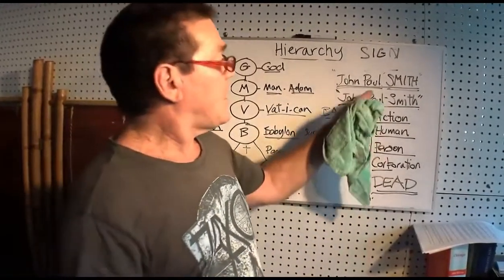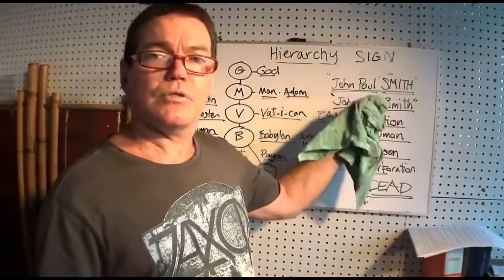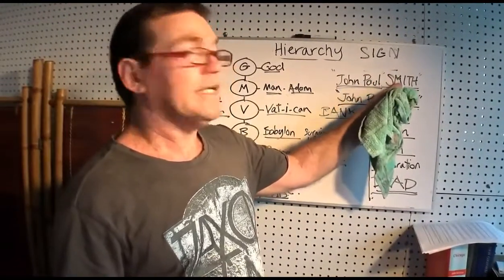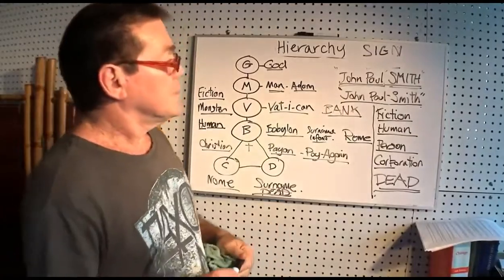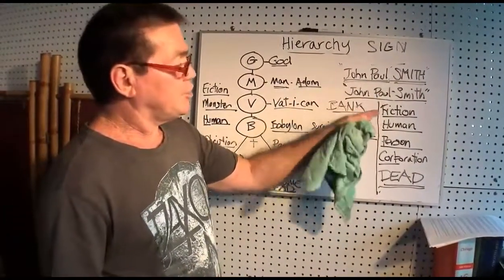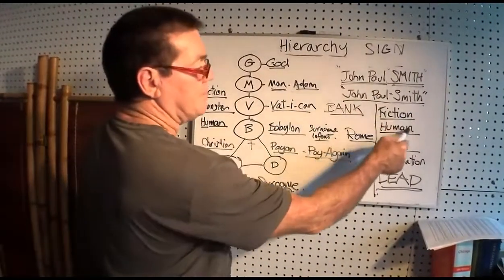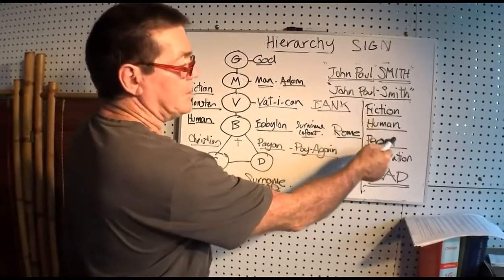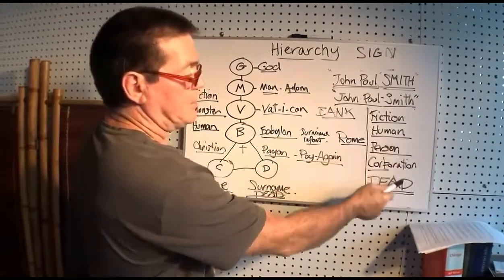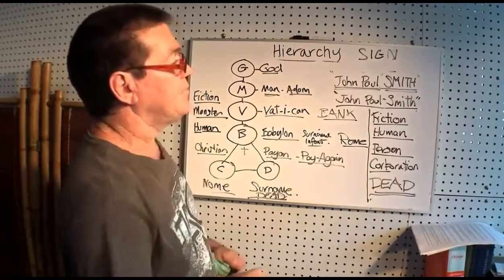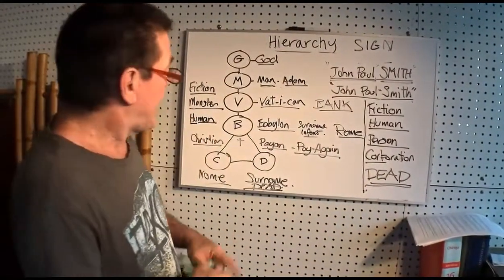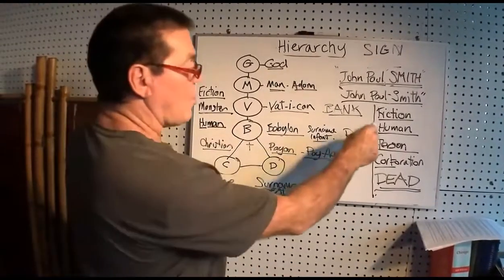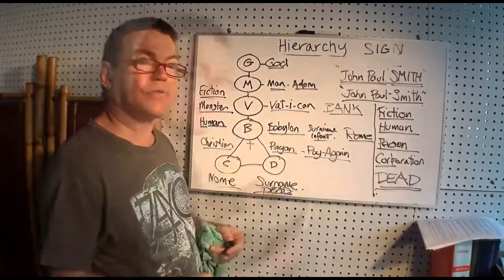You've become dead through your own false presumption that you thought that your name, John Paul, with the all uppercase symbolic Smith, was one name. And the minute you incorporated and you assumed that, this is what you became: human, a fiction, a person, a corporation, dead, and of course a monster.